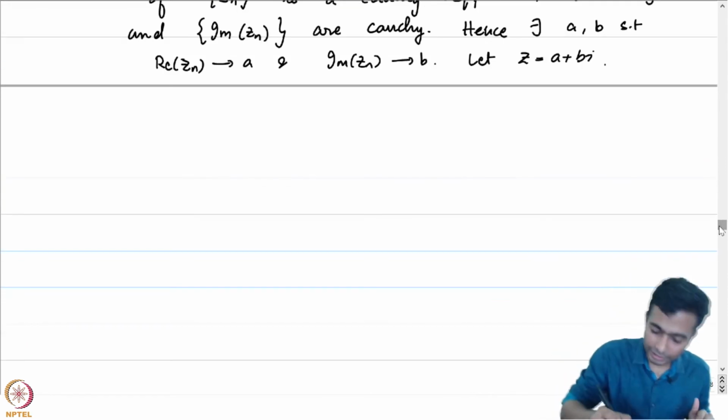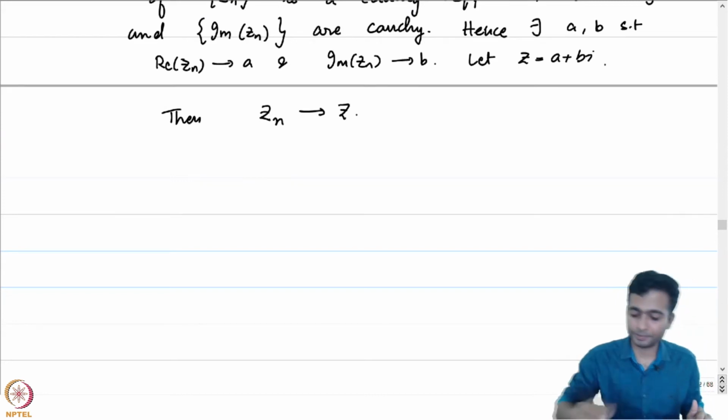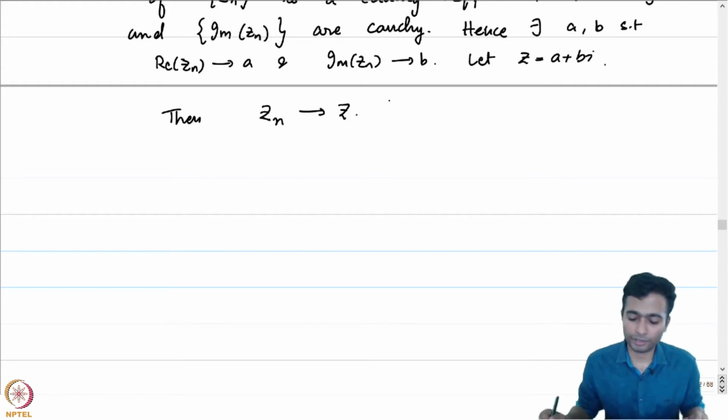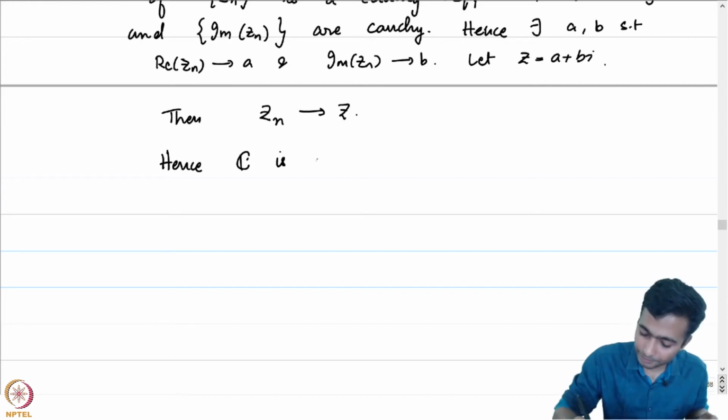Then the above observation tells us again that Zn converges to Z. Hence, every Cauchy sequence has a limit. Therefore, C is complete. That was actually a straightforward observation using the fact that R is complete.